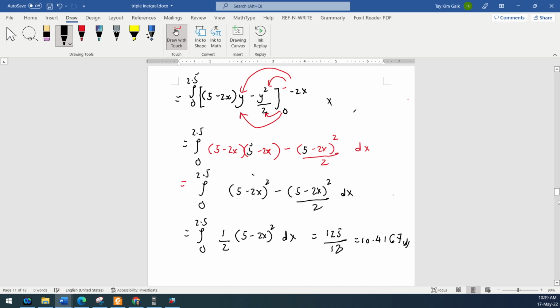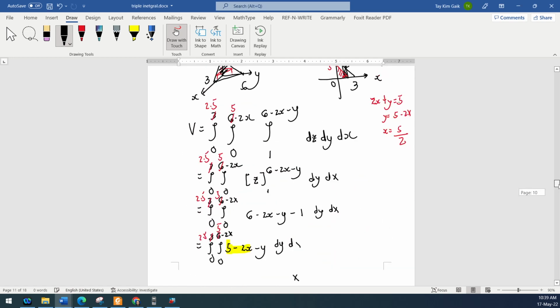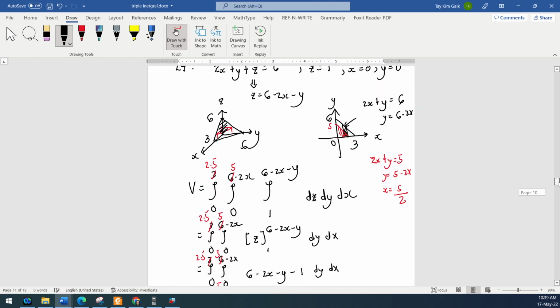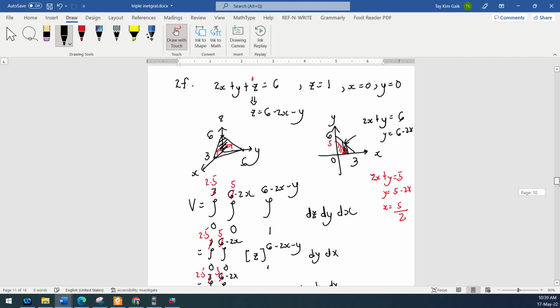So you can see the correct limit is very important. In this question 2f, because z is bounded by z equal to 1, the projection is actually the red triangle projected onto your xy plane. So you get the smaller triangle. How to get this smaller triangle? Substitute z equal to 1, so you got 2x plus y equal to 5. Then the upper limit of y will be y equal to 5 minus 2x.